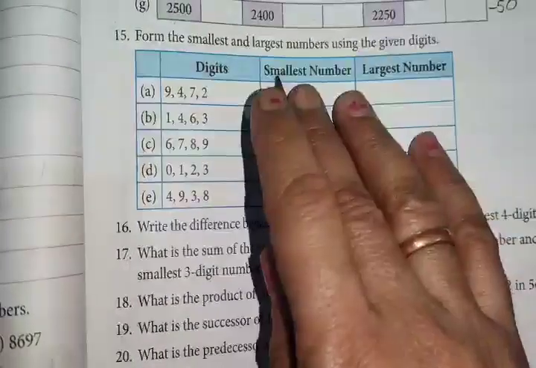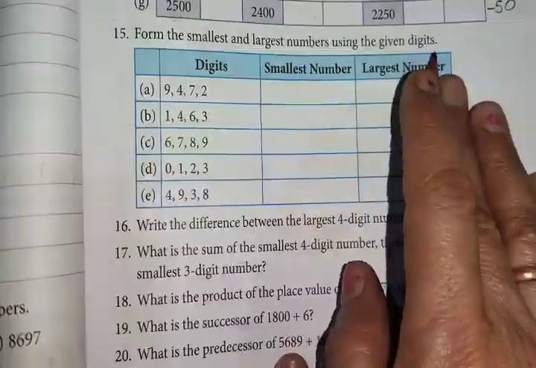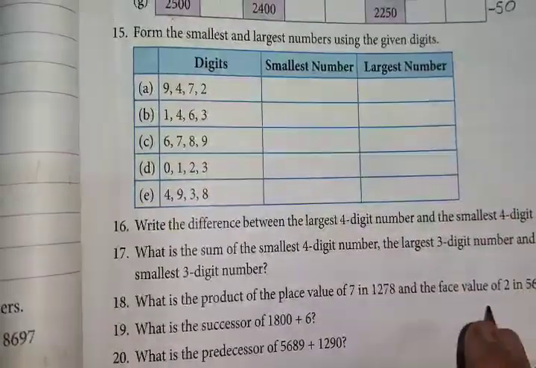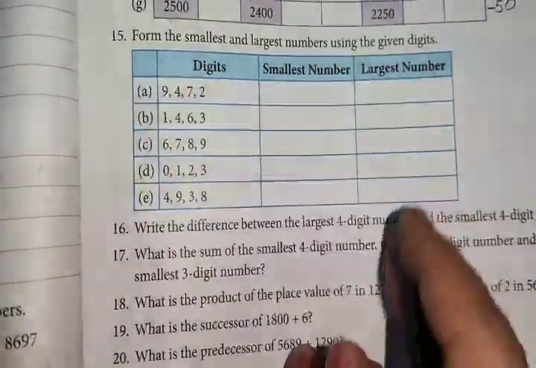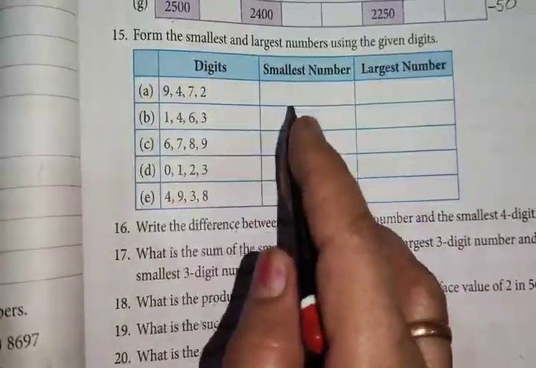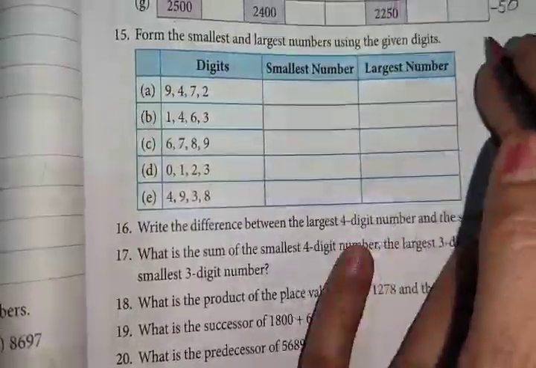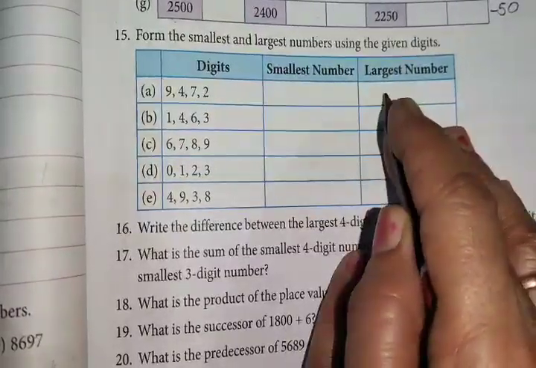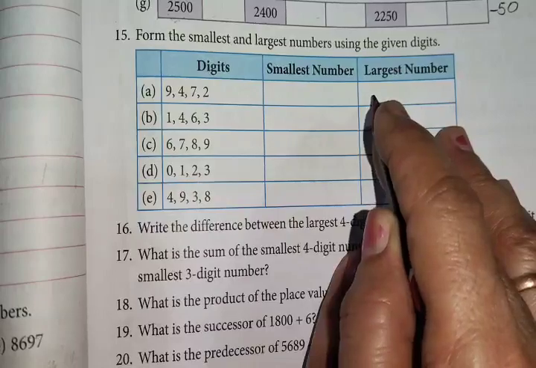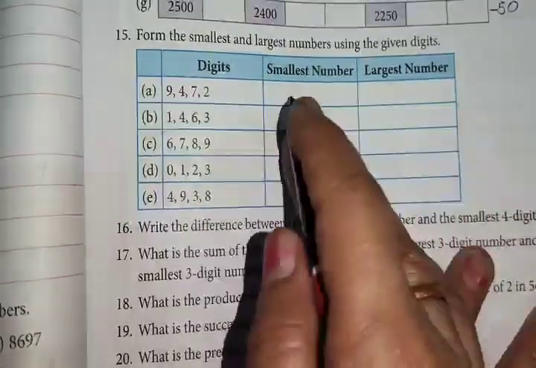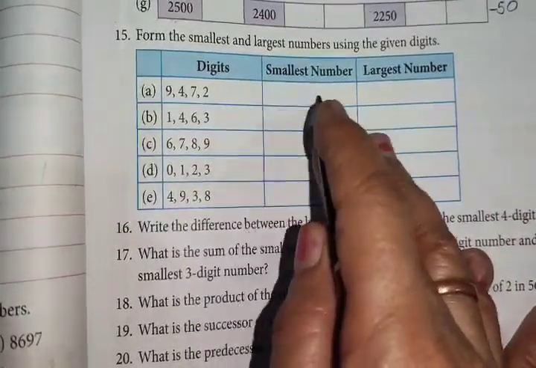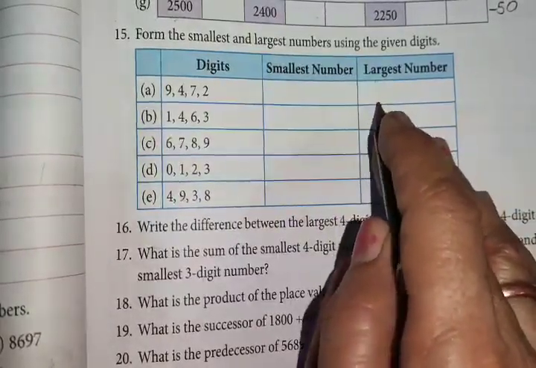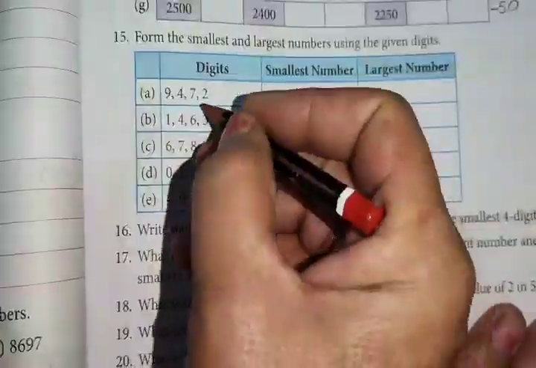Sum number 15. Form the smallest and largest number using the given digits. What do you have to do? Form the smallest and largest number. To form the smallest number we write the digits in ascending order, and to get the largest number we write them in descending order.